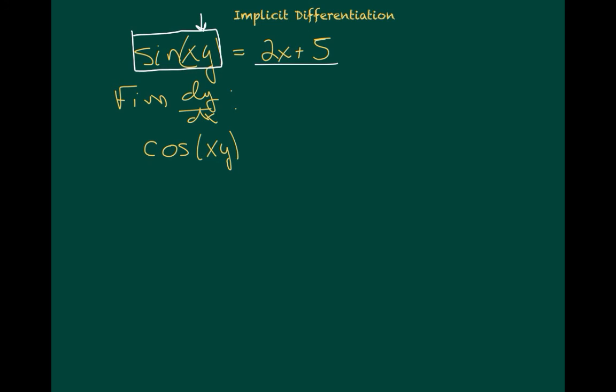But now we multiply by the derivative of xy, which is the product. So we take the derivative of the first, which is 1, times the second, which is y, plus the first, which is just x, times the derivative of the second, which is dy/dx. That is going to equal the derivative of the right side, which is just 2.